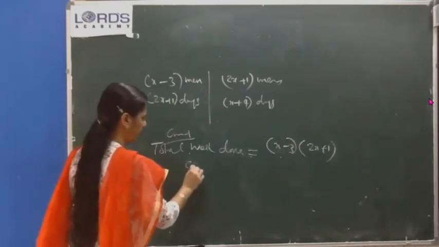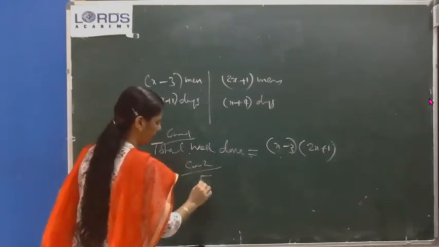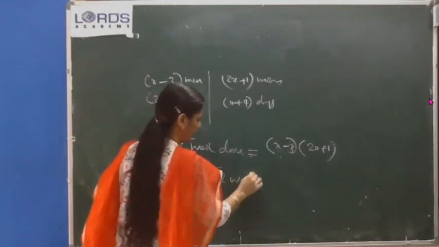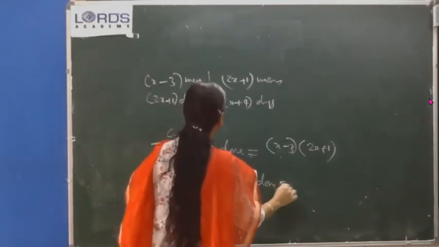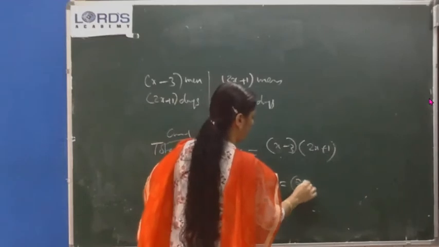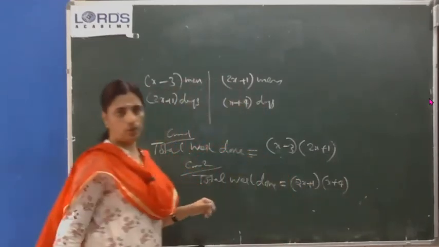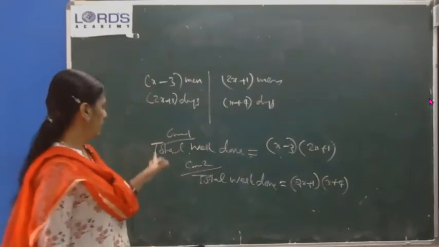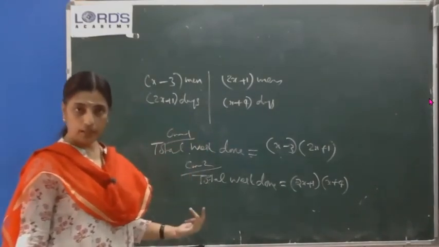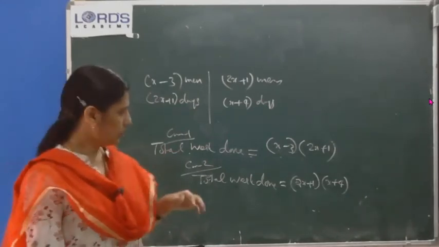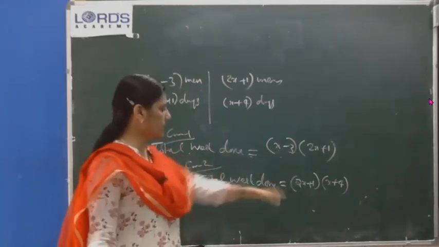Second case, Case 2, total work done equals 2x plus 1 into x plus 4. Clear? Number of men into number of days is the total work. That idea should be there. So in the first case this is the total work, in the second case this is the total work.